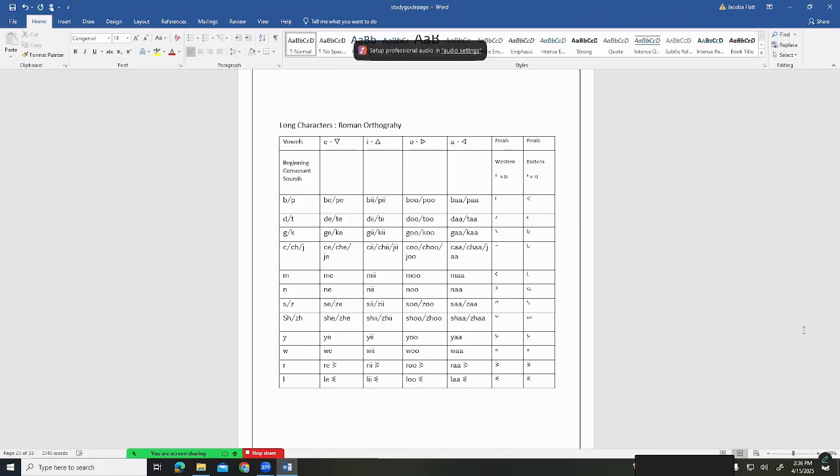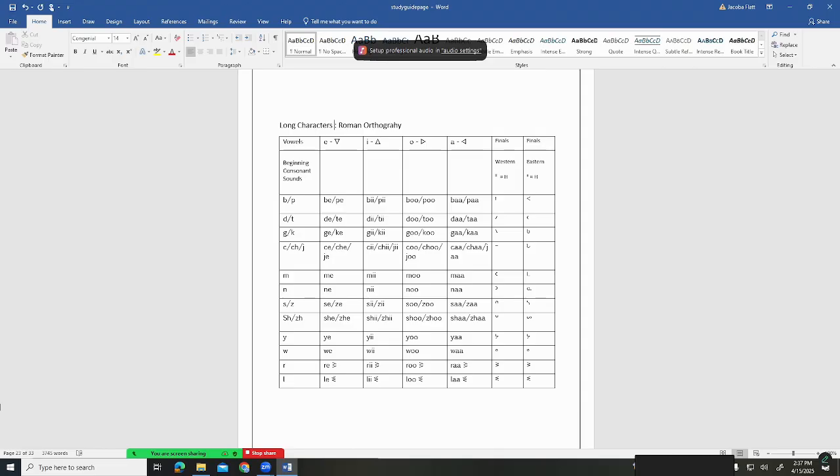So there will be a practice. In lesson one, language chart exercises, and also with the finals, you will have to fill in the chart with basic characters, beginning consonant sounds.